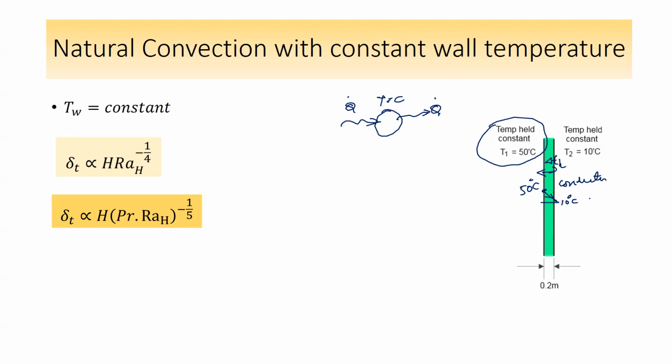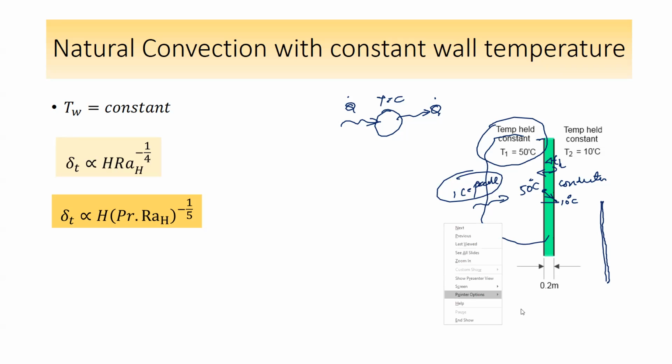So in most cases, for it to be constant, that wall should be as thin as possible. So if the temperature here is kept constant, suppose we say maybe an ice pack or something, we can assume that temperature to be constant, isn't it? So that understanding has to be there.